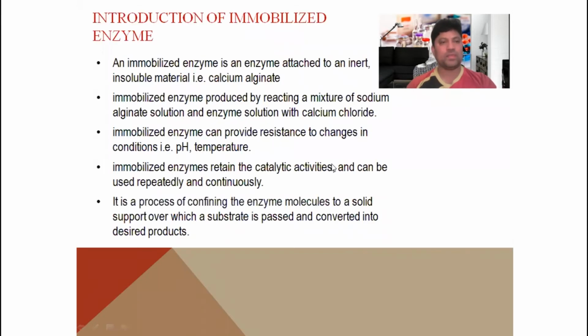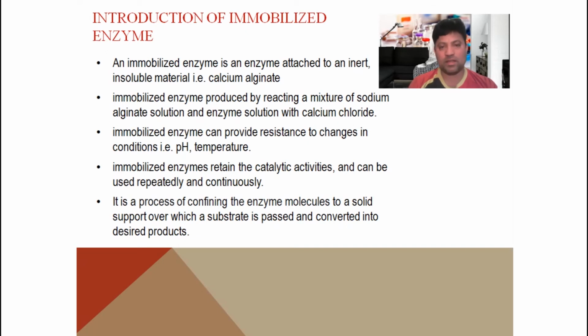An immobilized enzyme is an enzyme attached to an inert, insoluble material, most of the time calcium alginate. Immobilized enzyme is produced by reacting a mixture of sodium alginate solution and enzyme solution with calcium chloride. Immobilized enzyme can provide resistance to changing conditions like change in pH or temperature.